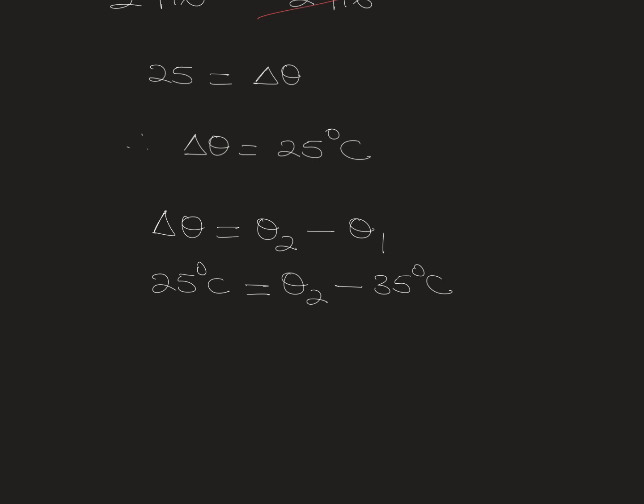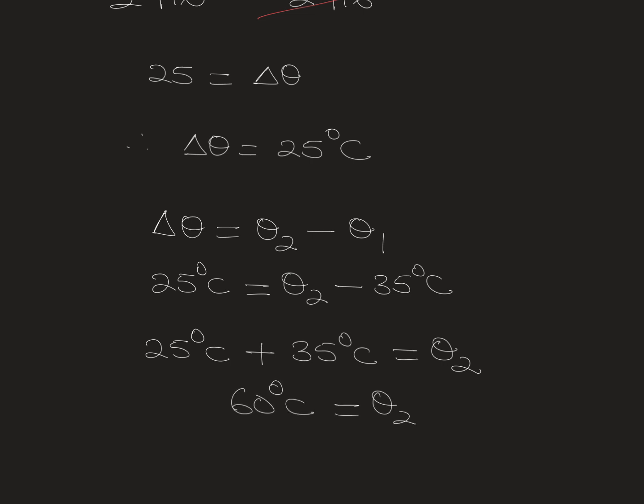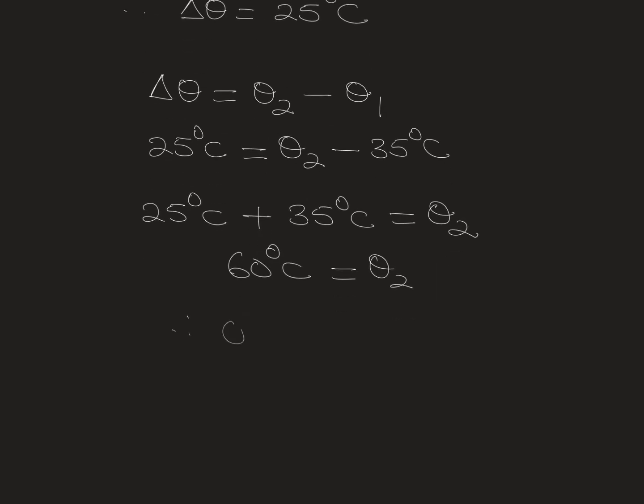So to find theta 2, we'll say 25 degrees Celsius plus 35 degrees Celsius is equal to theta 2. 25 plus 35 is 60. So 60 degrees Celsius is equal to theta 2. Therefore, theta 2 is equal to 60 degrees Celsius.